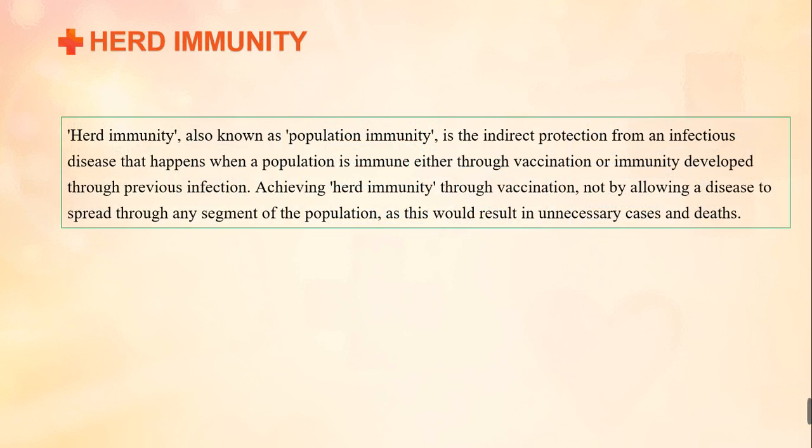So if you acquire herd immunity, meaning the immunity against this virus, in order to protect yourself from the virus, it can be achieved in 2 ways. One is that the person who had COVID-19 and recovered from it will have herd immunity, and the best way is vaccination.